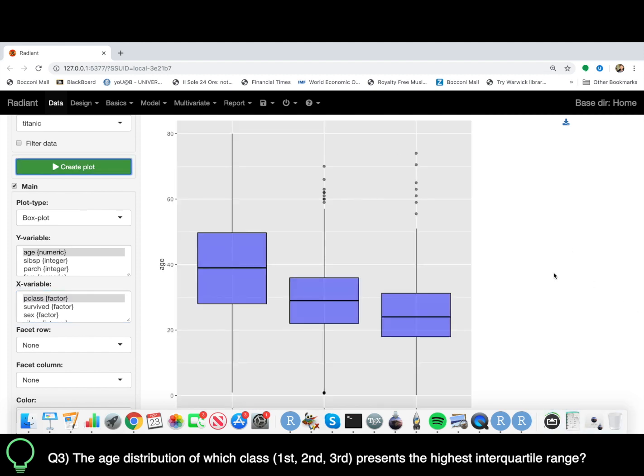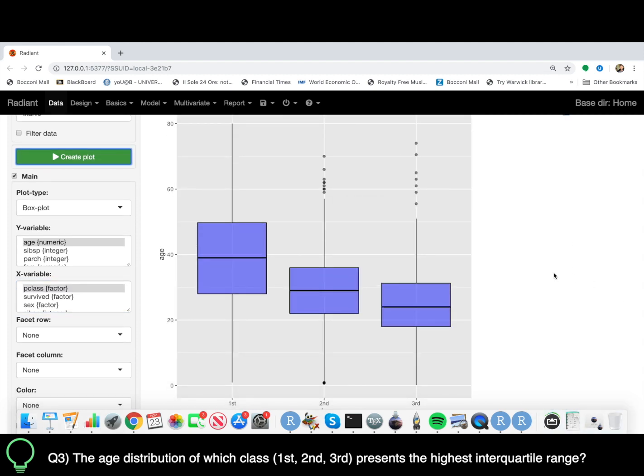So let's see what it looks like. Great, it is trivial. The interquartile range, which is the difference between the third and first quartile, seems to be significantly higher for the first class. It is represented by the body of the box plot.